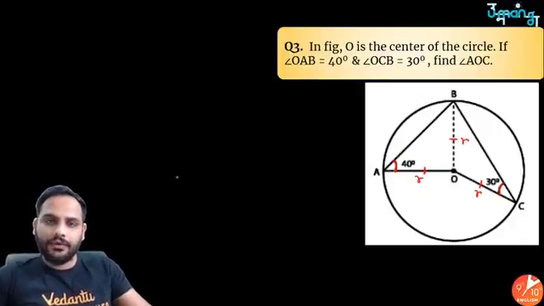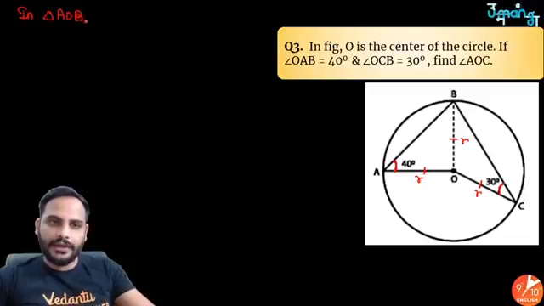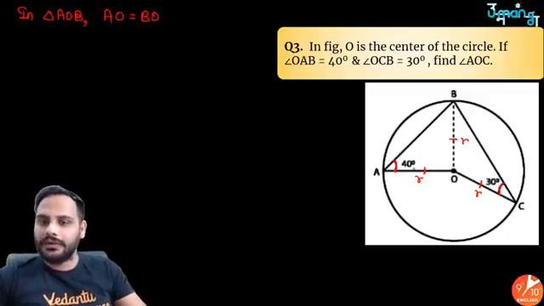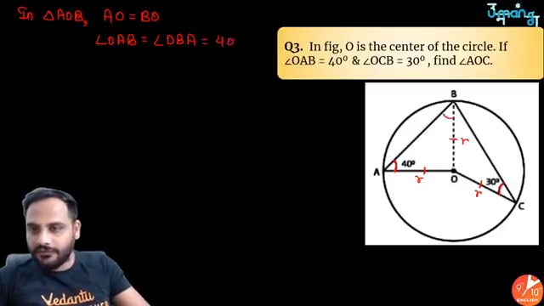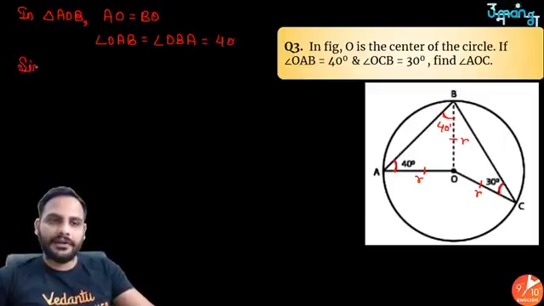So in triangle AOB, if AO is equal to BO, then angle OAB is equal to angle OBA. Both will be equal to 40 degrees. If it is 40, this is also 40 degrees. Okay?